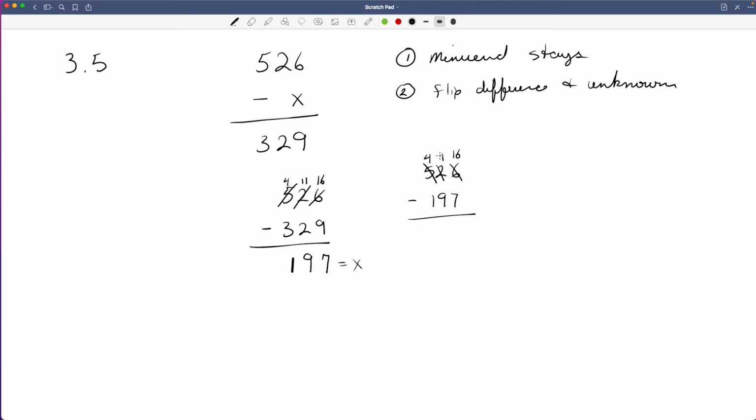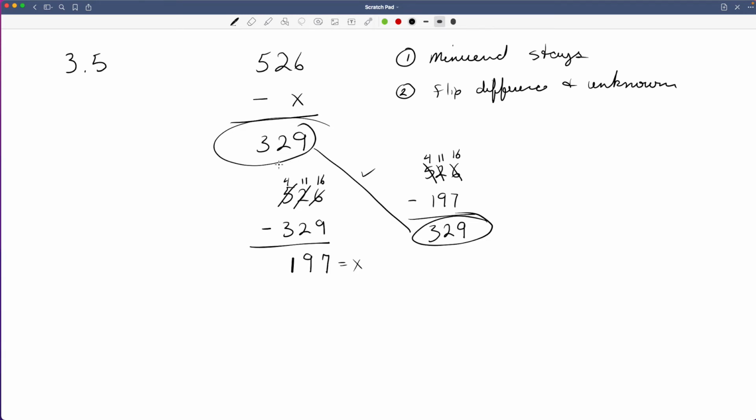So this becomes 4 and this becomes 11. 16 minus 7 is 9. 11 minus 9 is 2. And 4 minus 1 is 3. So because these two match, look at that, we got it right. So that is how you do a subtraction where you're subtracting an unknown. You would flip the two, the subtrahend and the difference.